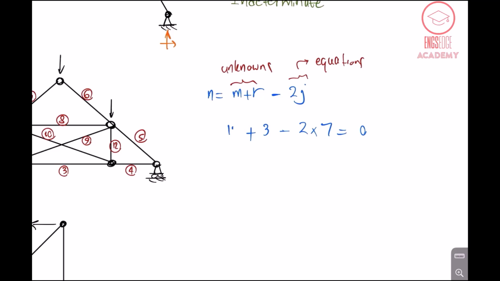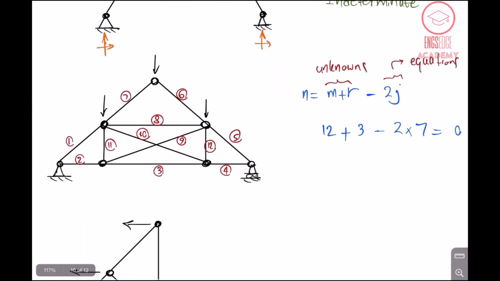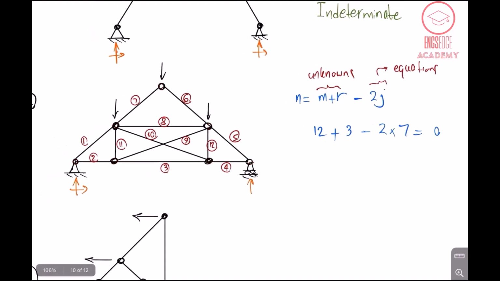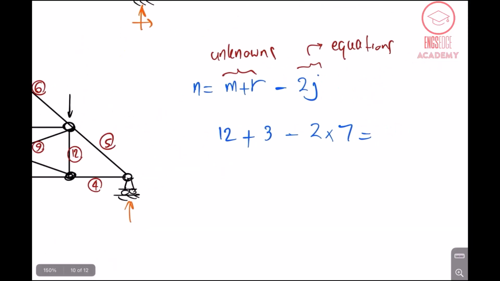Sorry, there are 12 members, plus 3 reactions, minus 7 joints times 2. So, N equals 12 plus 3 minus 14 is equal to 1. So the degree of indeterminacy is 1.